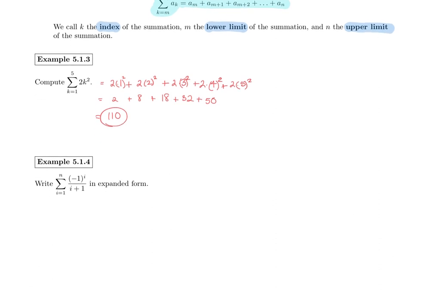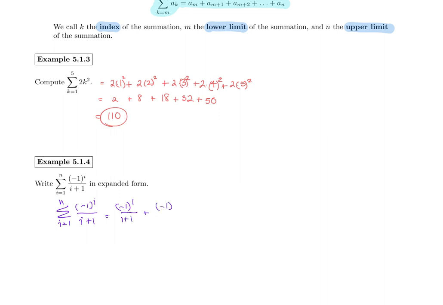Sometimes all we want to do is just write our summation in an expanded form, though. So if we were to look at example 5.1.4, we want to write the sum from i equals 1 to n of negative 1 to the i over i plus 1. Well, this sum can be written as, well, drop in i equals 1, negative 1 to the 1 over 1 plus 1.